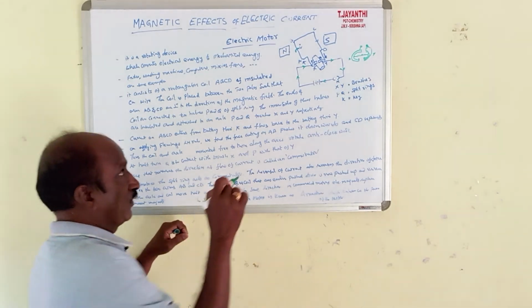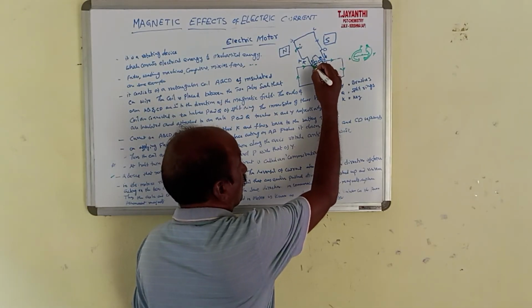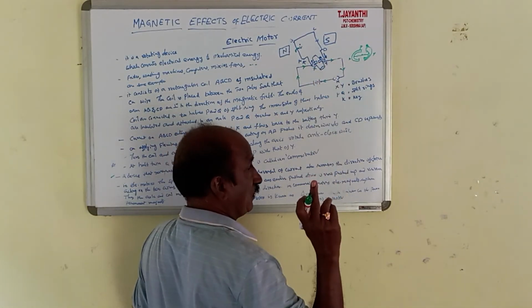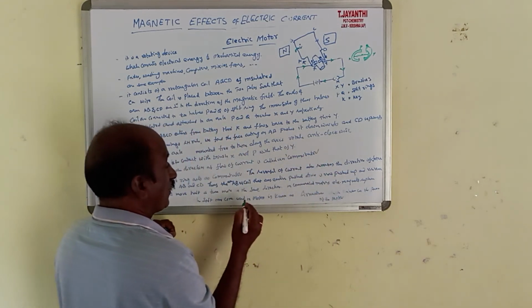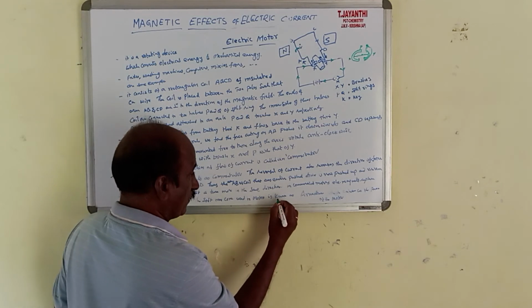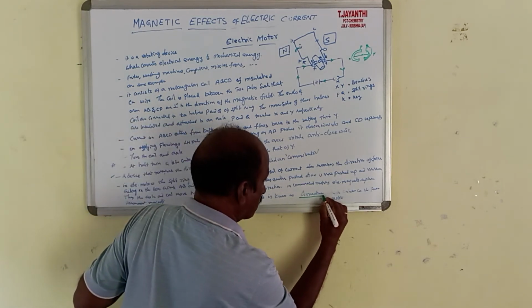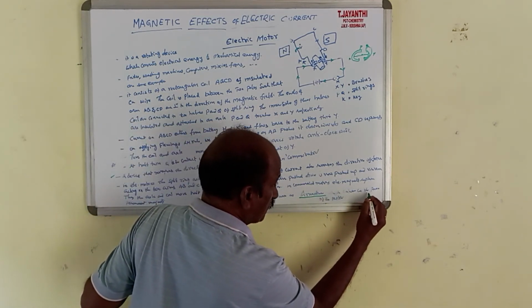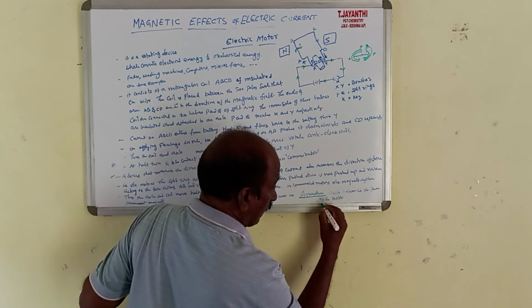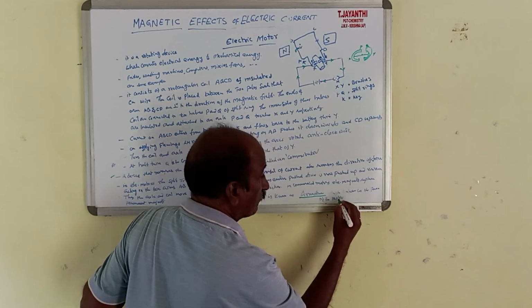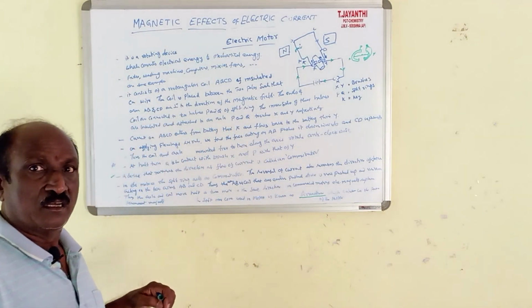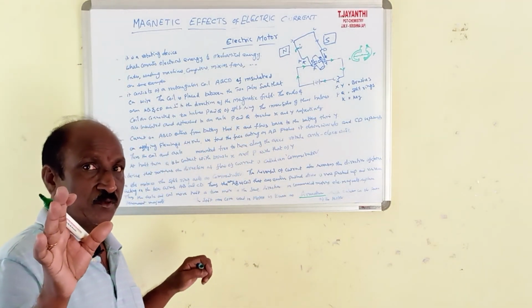The part we are using in commercial motors is known as the armature, which is used as the power enhancer of the motor. Okay, I think the concept is clear for you now.